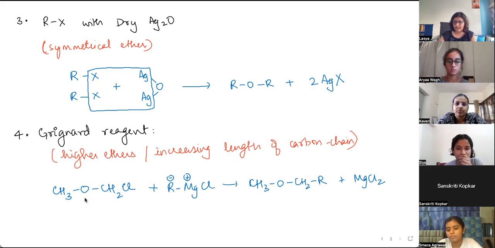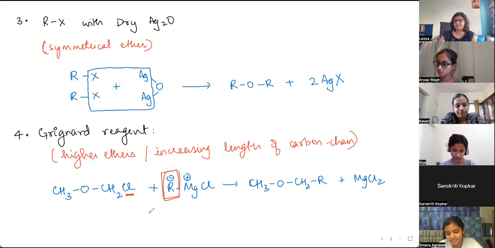So you already started off with an ether which is substituted with a halogen atom, and depending on what carbon chain you want, like what ether you want, you will choose this particular Grignard reagent accordingly. So that gets attached to the carbon from the original ether.